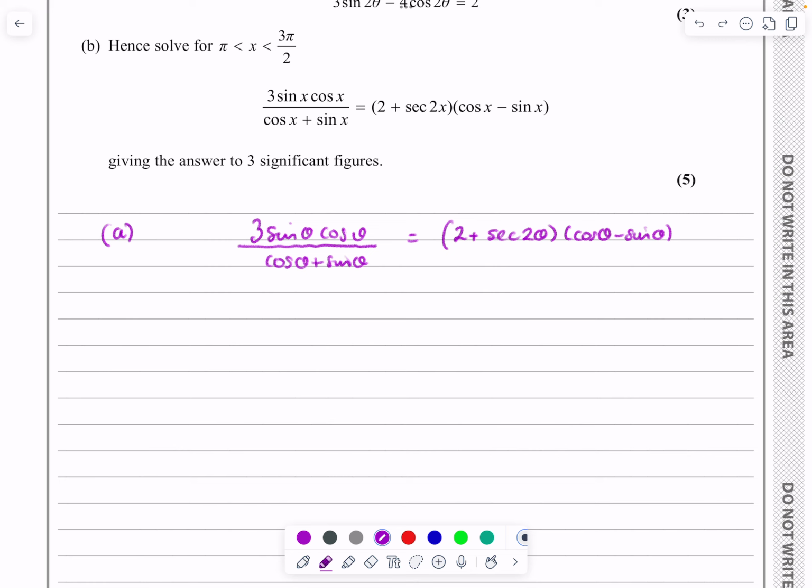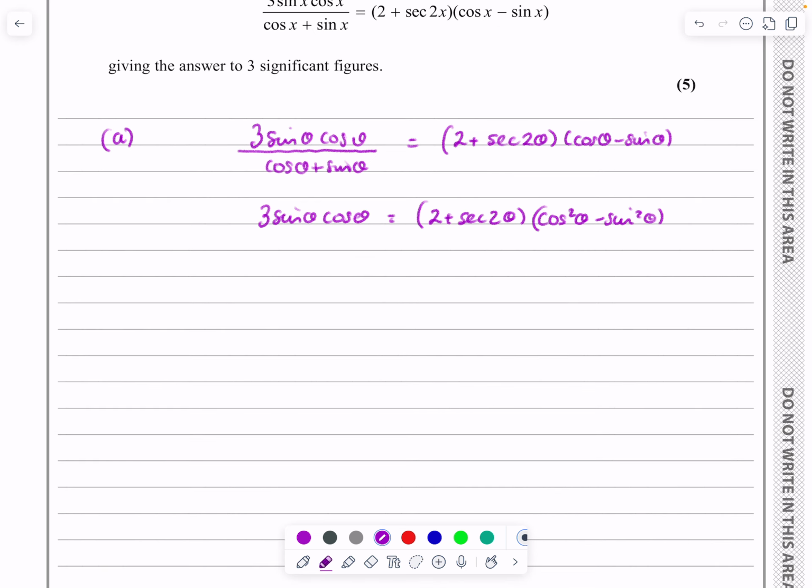So if I multiply up, I'm going to get 3 sine theta cos theta is equal to 2 plus sec 2 theta, and then cos theta plus sine theta times cos theta minus sine theta. You can take longer if you want, but I'm going to go straight away with writing that down like that.